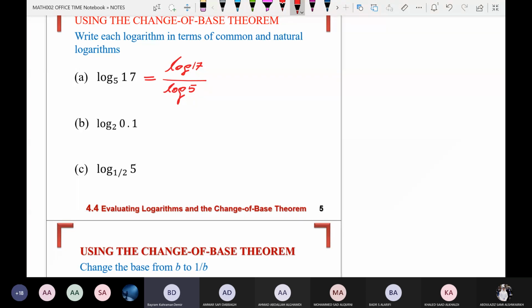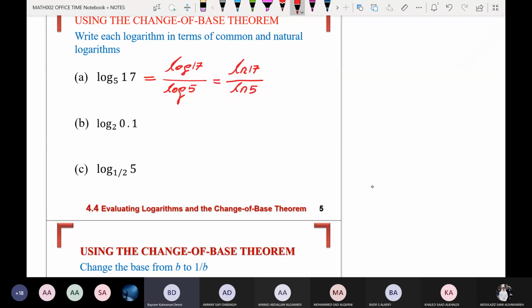Or maybe somebody likes to use base e, so you need to write ln of 17 divided by ln of 5. Can I use base 2? Yeah, of course.